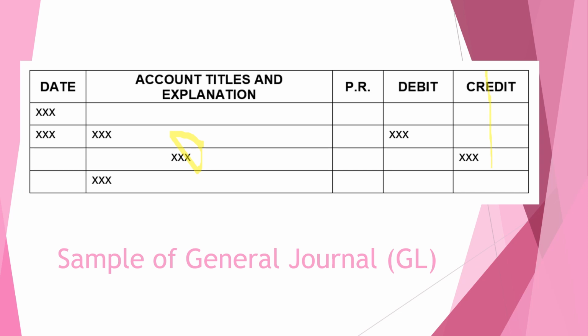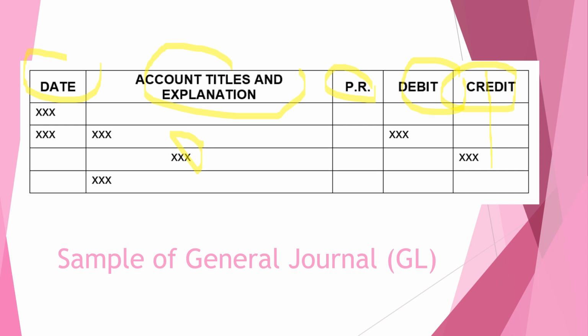This is the credit column. So again, the journal entry should contain the date, the account titles and explanation, the posting reference, the debit column, and the credit column.